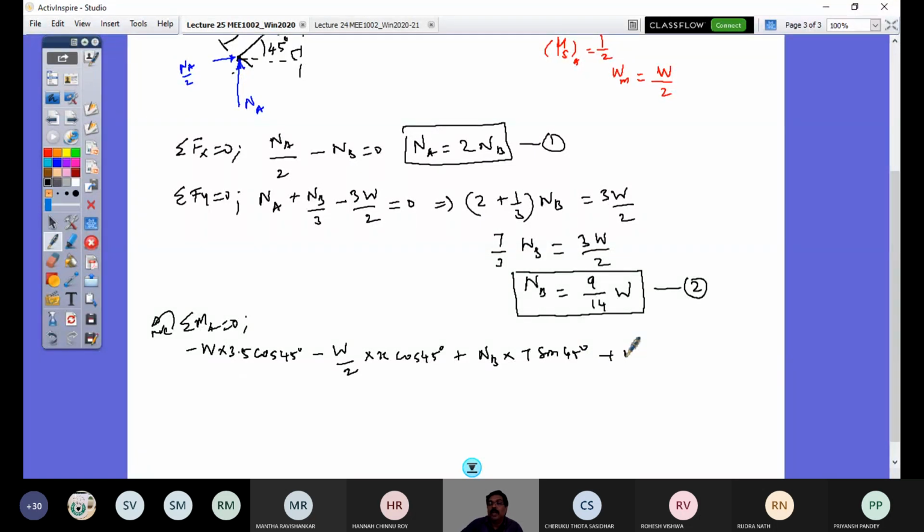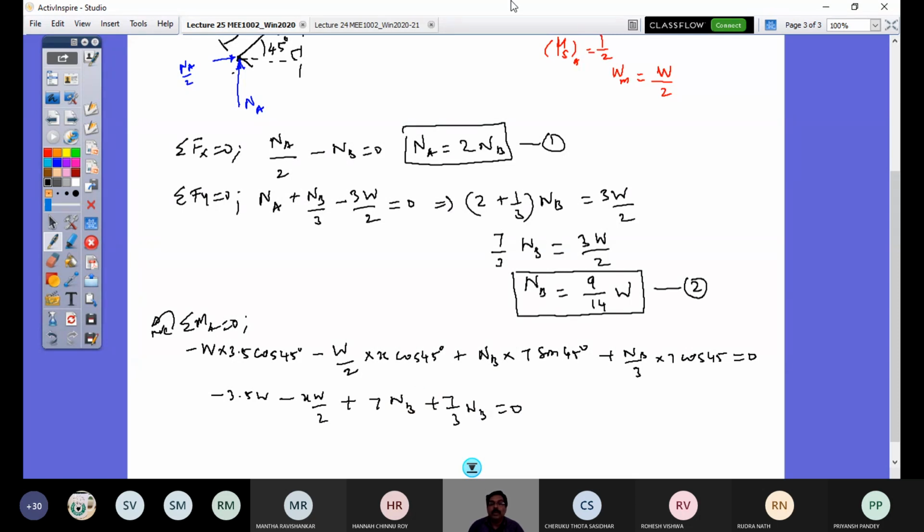That's all equal to 0. So you can see cos 45, sin 45, cos 45, cos 45. So cos 45 is equal to sin 45. So these terms can all be removed. So I would have here minus 3.5 W minus xW by 2 plus 7 NB plus 7 by 3 NB equals 0.